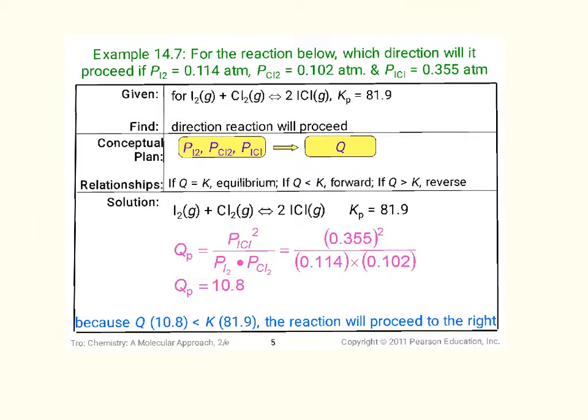Let us see how we can apply the concept of the quotient to a particular question. We are given a reaction and we need to figure out which direction it will proceed if partial pressures of reactants and product are given.